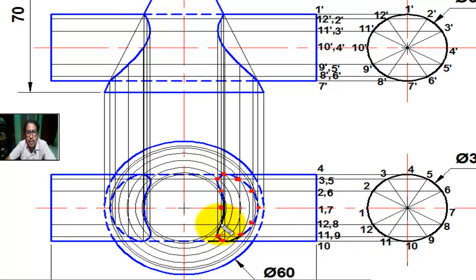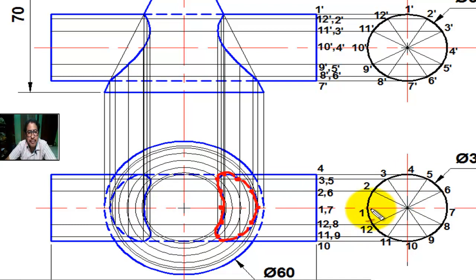From 12 it cuts 12 number circle. In this way we draw the top view curve. We join this in upper portion. Lower portion is dotted line, hidden line. Okay.